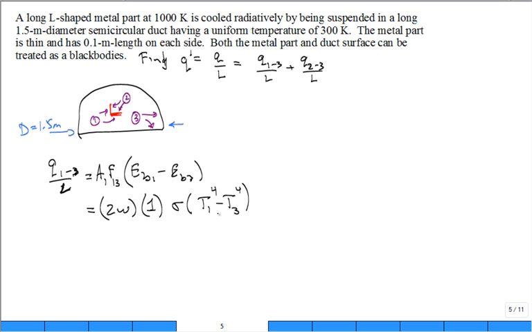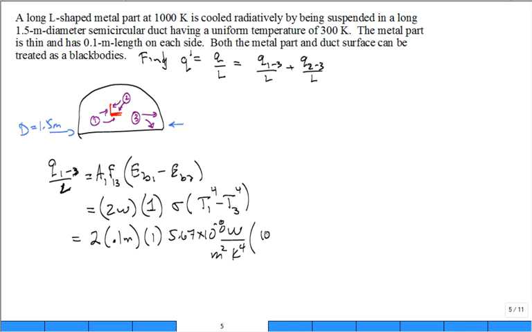We have all the pieces, don't we? And so let me just put some numbers in here. 2 times 0.1 is the thickness, right? Yeah, 0.1 meter times 1, times 5.67 times 10 to the minus 8th watts per meter squared Kelvin to the 4th.